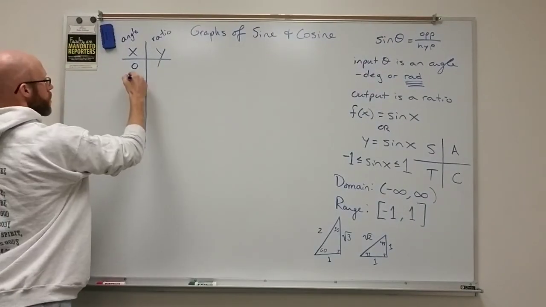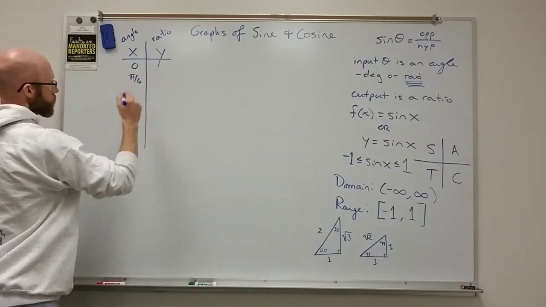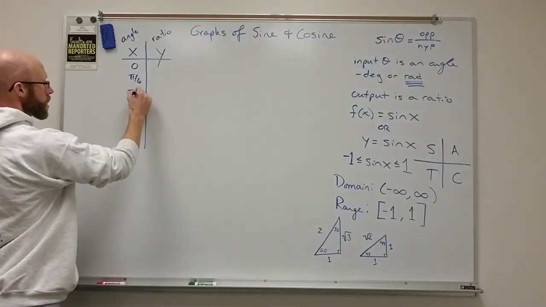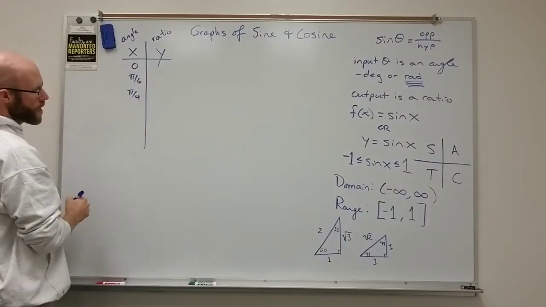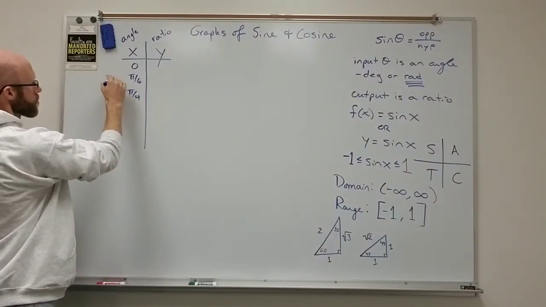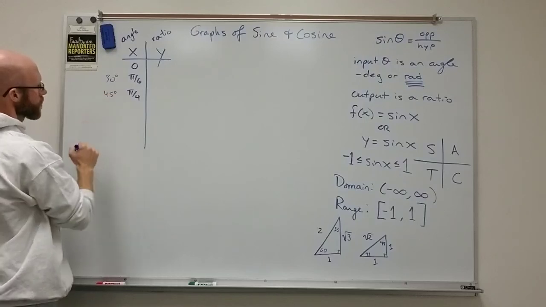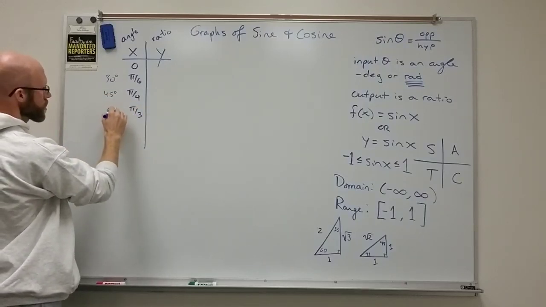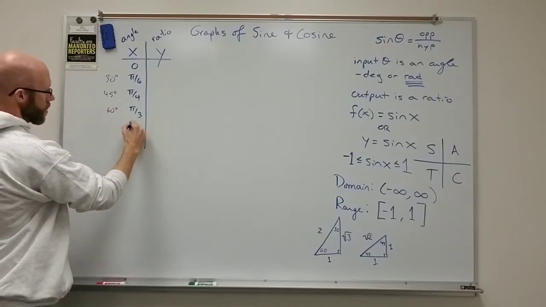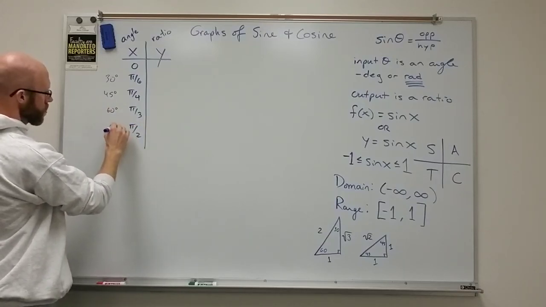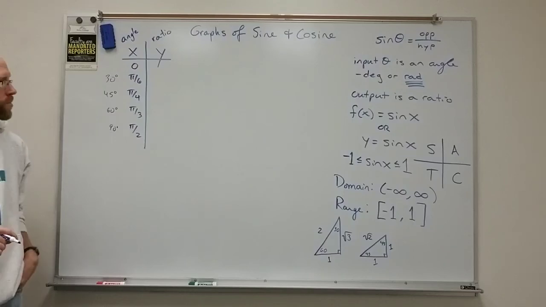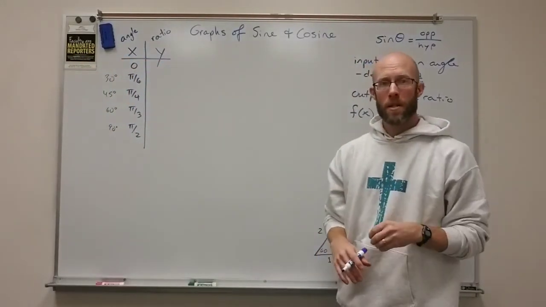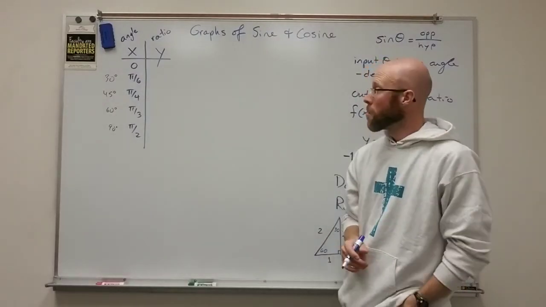We've also dealt with 30-degree angles, which are pi/6 radians, 45-degree angles, which are pi/4 radians, pi/3 radians, which is 60 degrees, and pi/2 radians, which is 90 degrees. These are the values that we're familiar with based upon previous discussions.